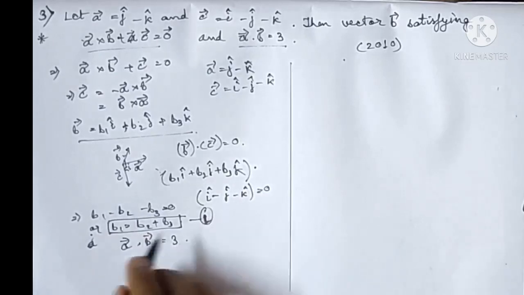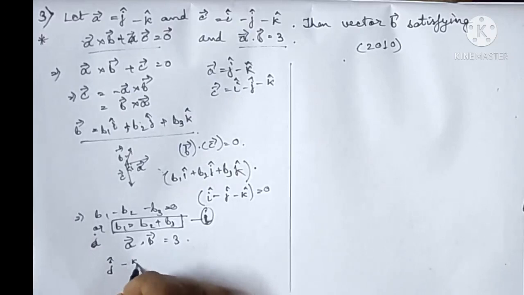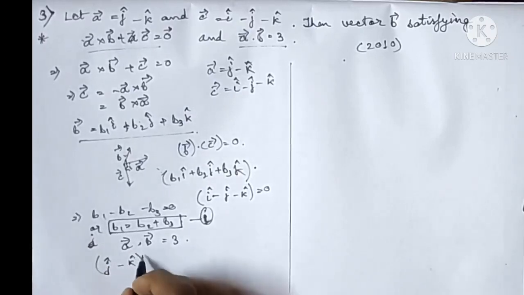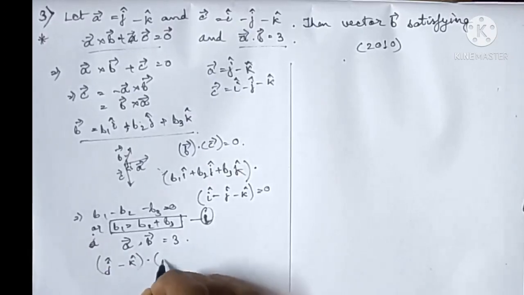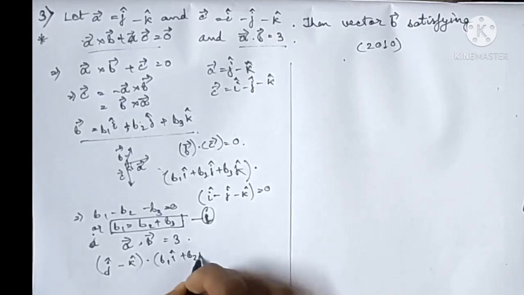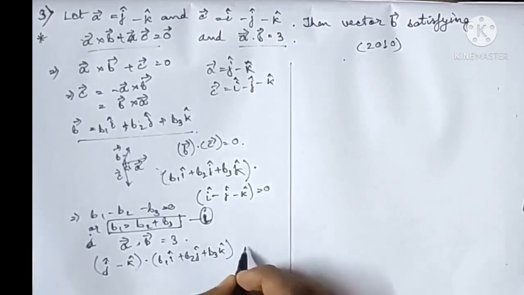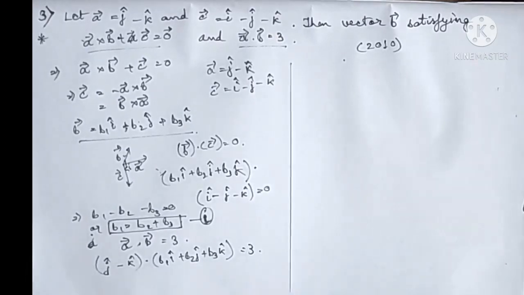So we have a as this one, that j cap minus k cap, and dot product with b1 i cap plus b2 j cap plus b3 k cap, that sums up to 3.